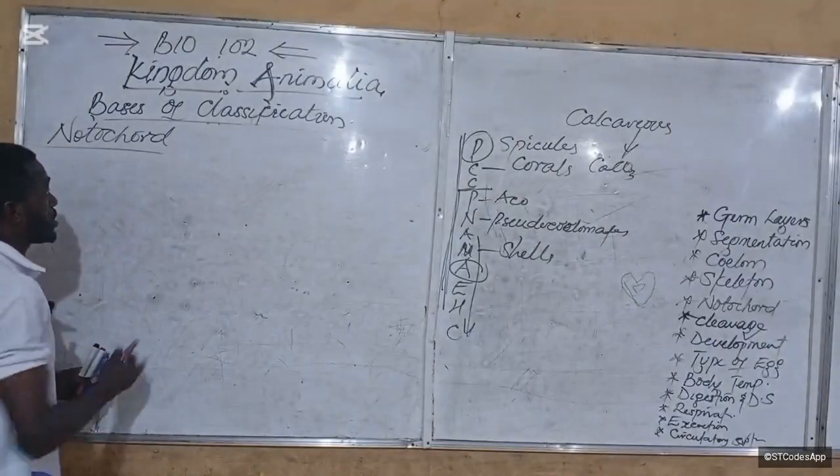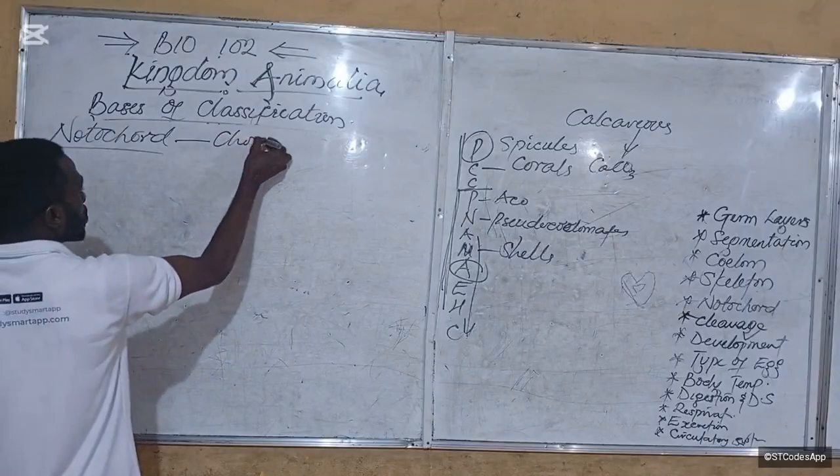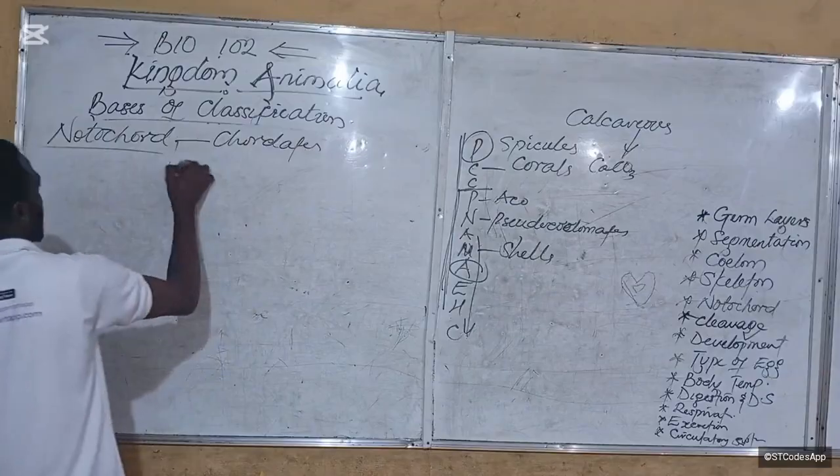So there are animals that are chordates and there are animals that are non-chordate.